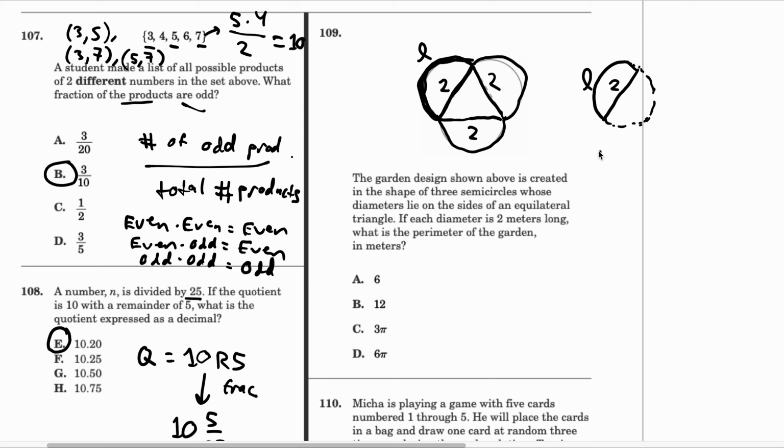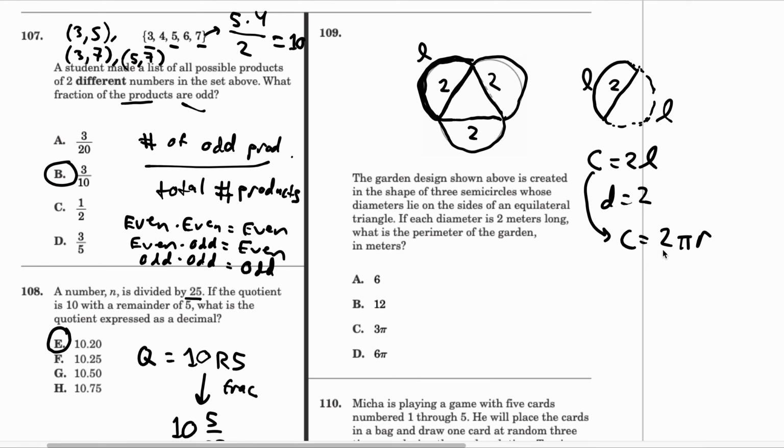So we know that the circumference of this circle, if this is L, then this is L, right? So the circumference of the circle is going to be 2L. And we know that the diameter is 2. So we know that the circumference is equal to 2 times pi times the radius.